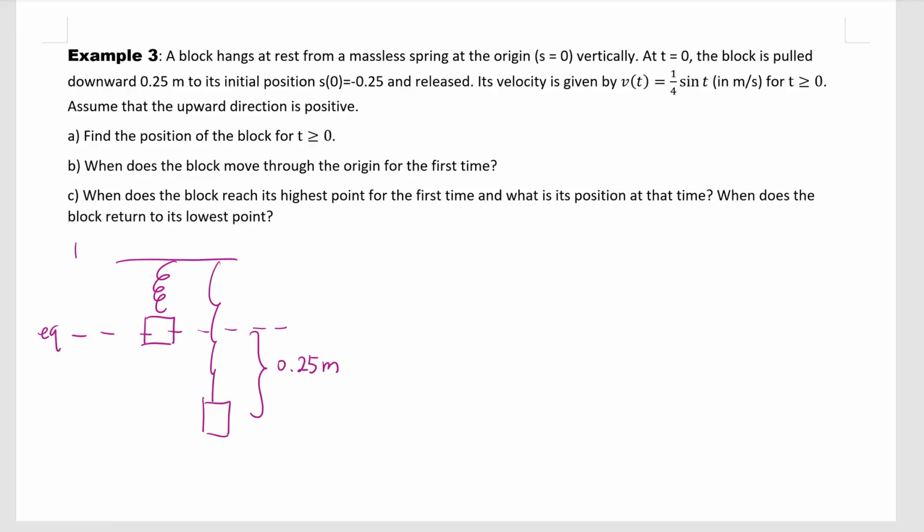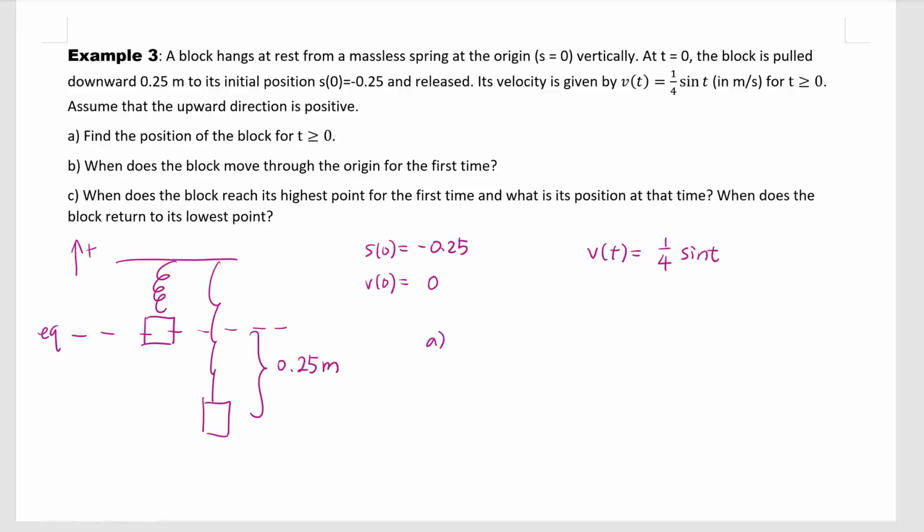Because the outward direction is positive, we pull down the block, so s of 0 is negative 0.25. Because we release, v of 0 is 0, the initial velocity is 0, and we have v of t equals 1/4 sine t. That makes sense because when we plug in t is 0, sine 0 is 0, so the initial velocity is 0. Okay, so find the position.